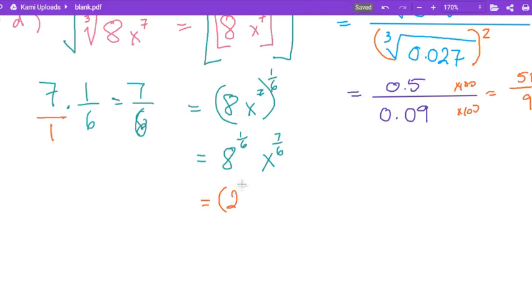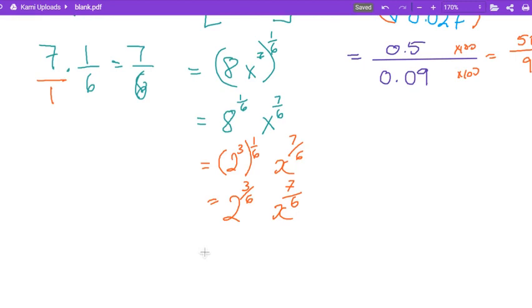Yeah, 2 times 2 times 2 is 8, right? And now I multiply those exponents, so I get 2 to the power of 3 over 6. Well, 3 over 6 is just simplified to be 2 to the power of 1/2.